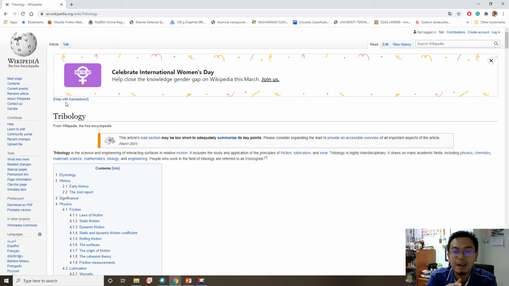This means something that has motion and something that has contact. The easy example is you try to rub your hands. There are two surfaces, your right palm and your left palm, touching each other. So it becomes a contact of surfaces, and the moment you make it move, it has a relative motion.